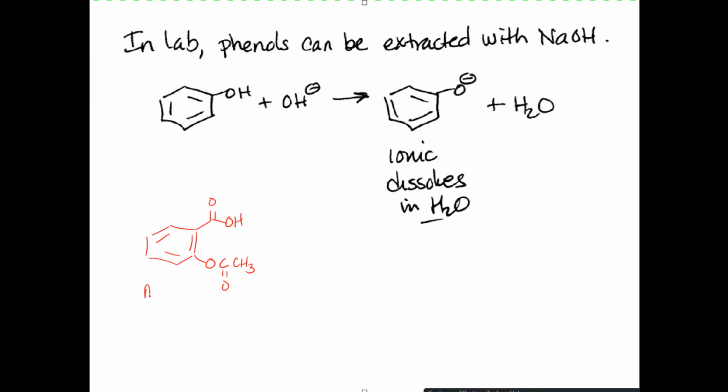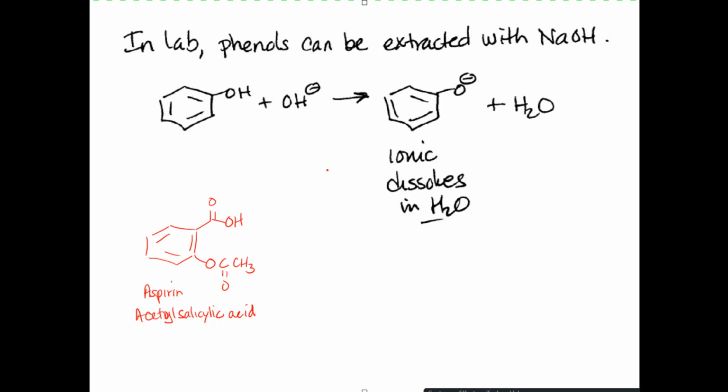This is the structure of aspirin, which is acetyl salicylic acid. So if you want to separate acetosalicylic acid from other components, let's say in an Excedrin tablet or something like that, what you can do is treat this with hydroxide.